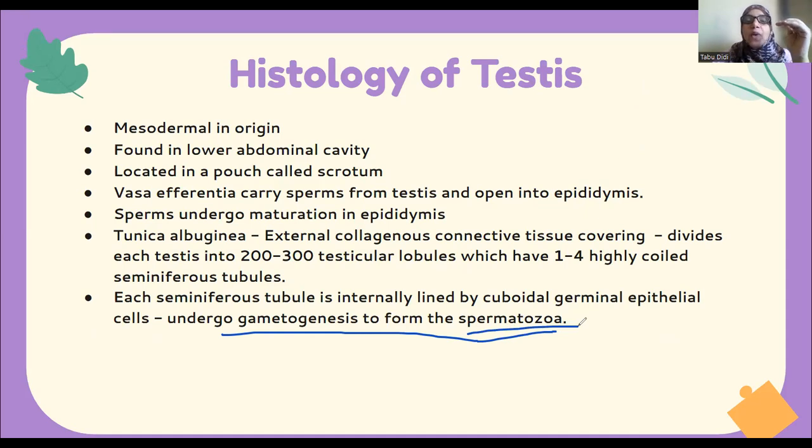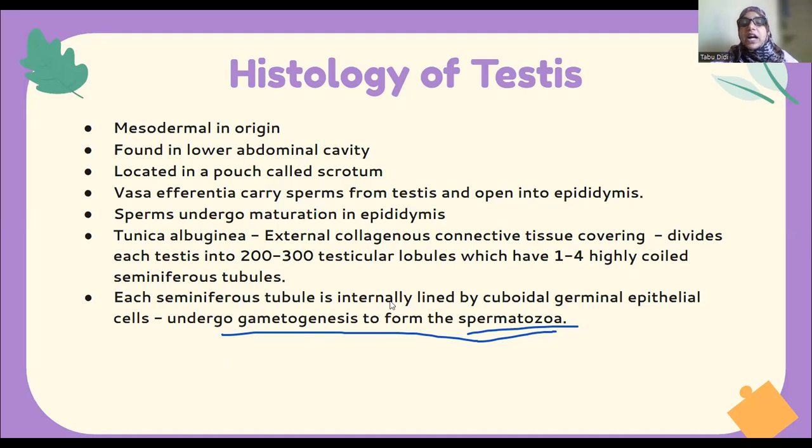Spermatozoa is used when one level of maturation is still remaining. When they attain the characteristic of motility, then we call them sperms. More or less we sometimes use these interchangeably, spermatozoa and sperms.